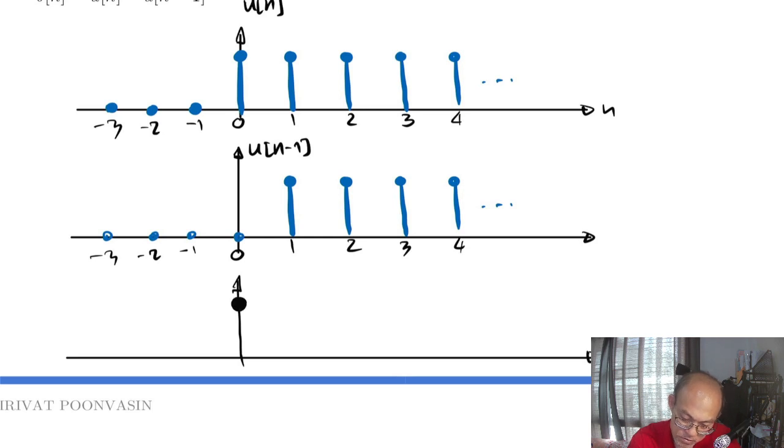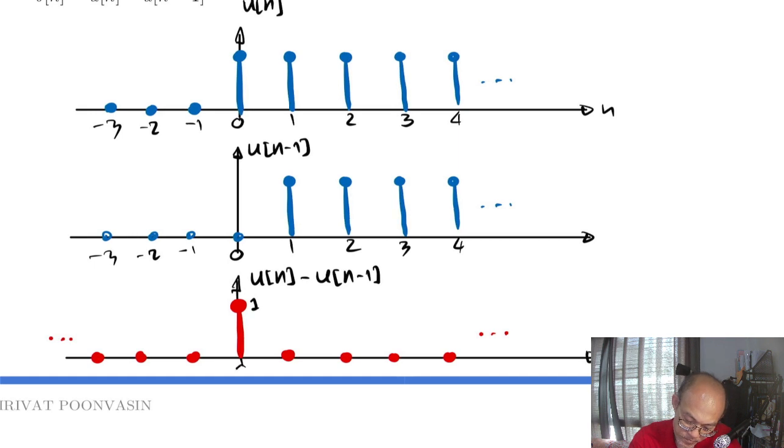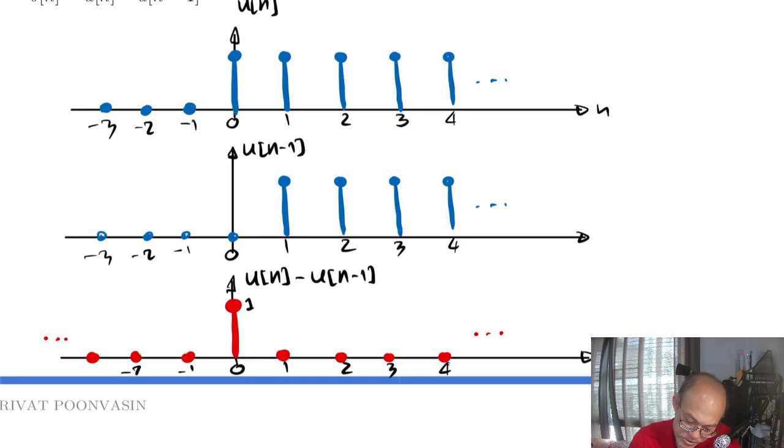We're going to get only this one, and the rest would be 0, because the rest is just 1 minus 1 or 0 minus 0, and it is 0. This is u[n] minus u[n minus 1]. And you see, this is just delta[n]. Okay.